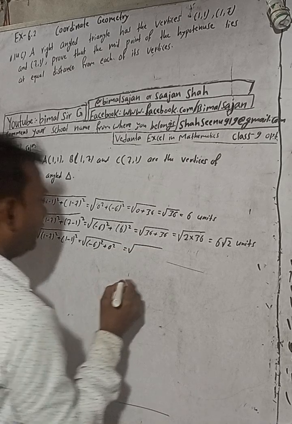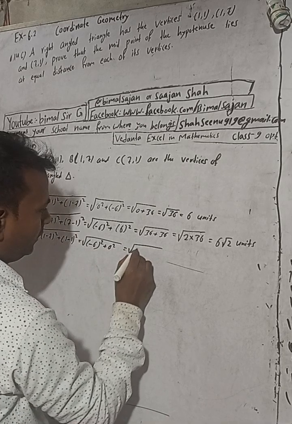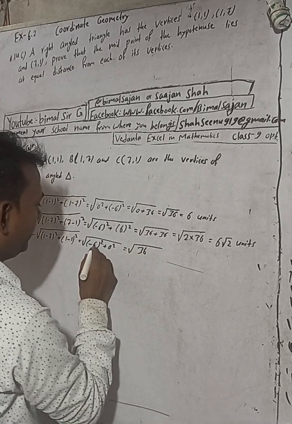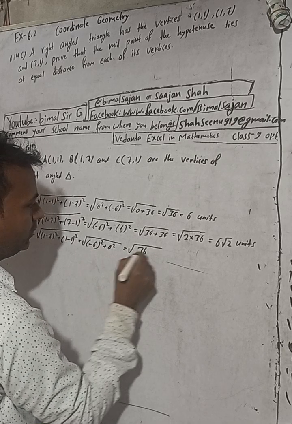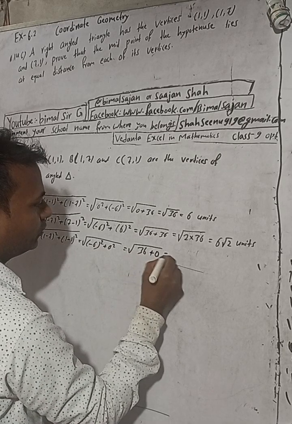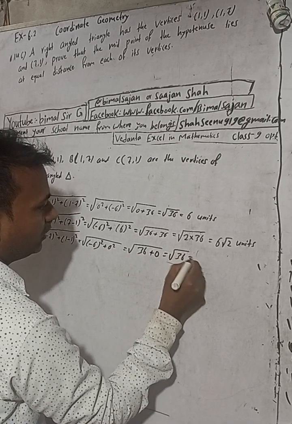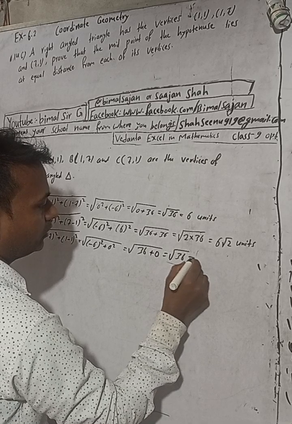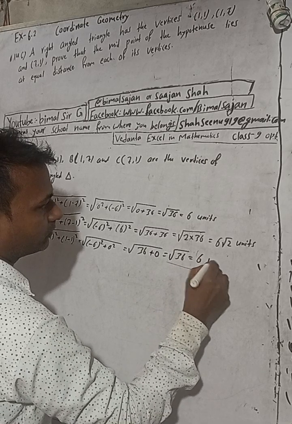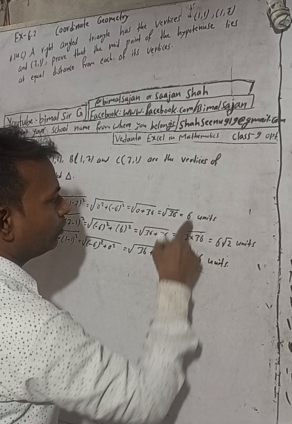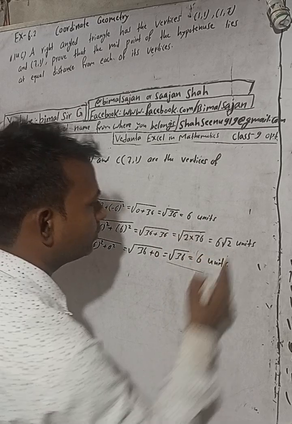So minus 6 square is 36, because minus is plus, plus 0 square 0, so this is 36. Root 36 means 6 units. We got 6 units for AC and 6 root 2 for BC.